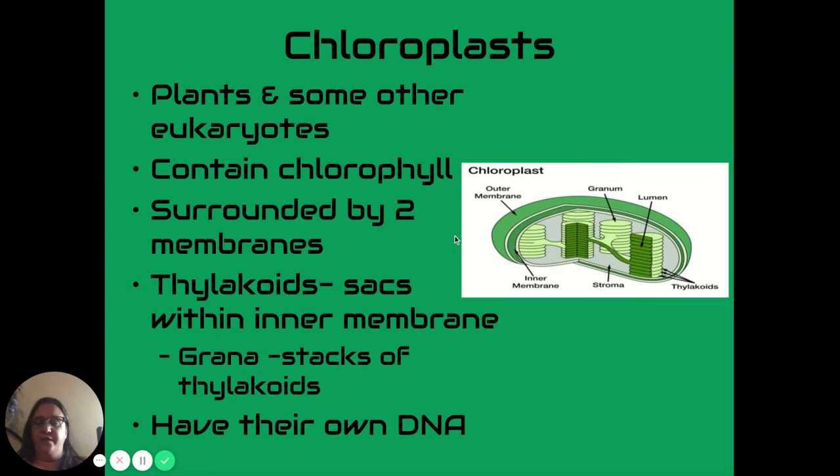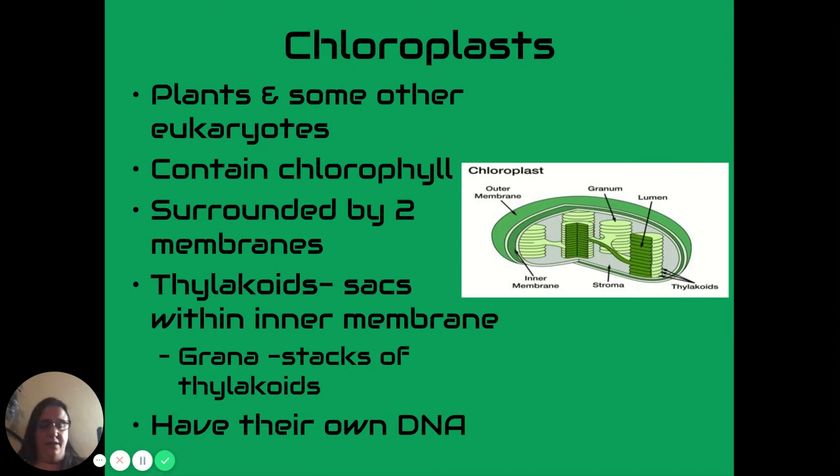They contain chlorophyll, and again, we've got that double membrane system happening. Inside of the chloroplast are stacks of thylakoids, and that stack of thylakoids is called a grana. And this is where photosynthesis is going to happen. So this is how the sugars are produced in the plant. And again, we'll talk about that in another unit. Chloroplasts also have their DNA.